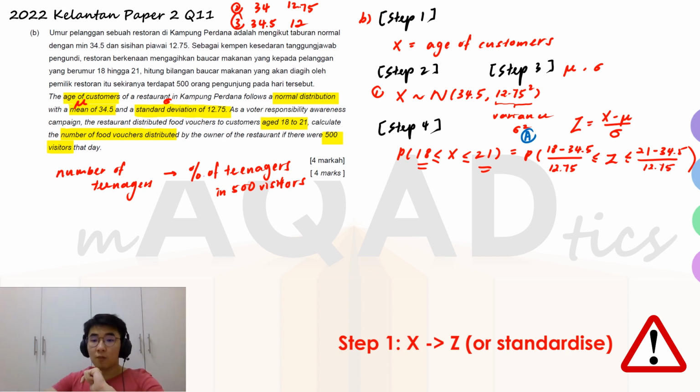Without this standardizing method, the way we need to find probability would be, in your exercise book, you will see a table which has a lot of values. That is a normal distribution table, and we need to use those tables to help us find the probability. Imagine for that table, the parameters are 34.5 and 12.75.